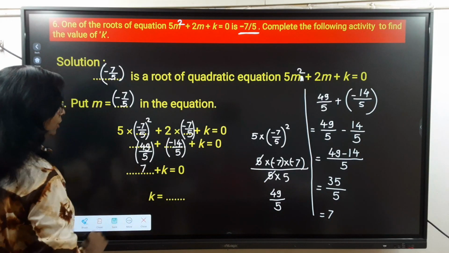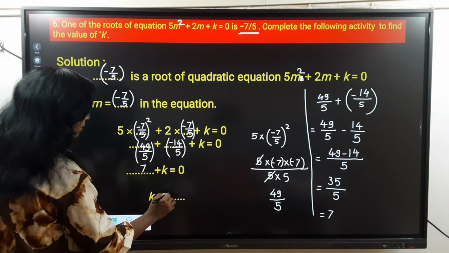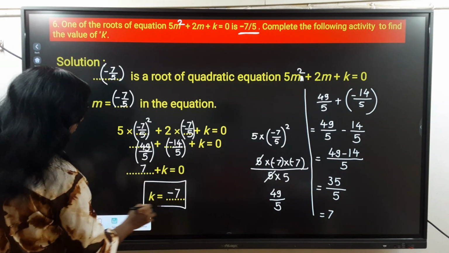So 7 plus k is equal to 0. So k is equal to minus 7. So this will be the final answer.